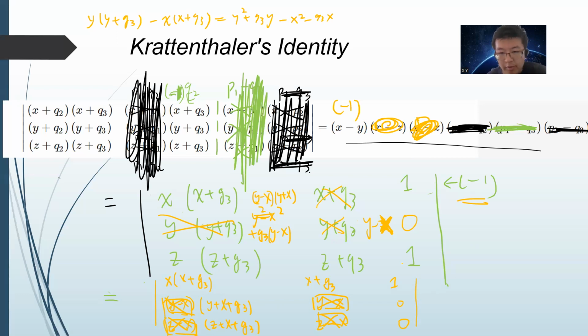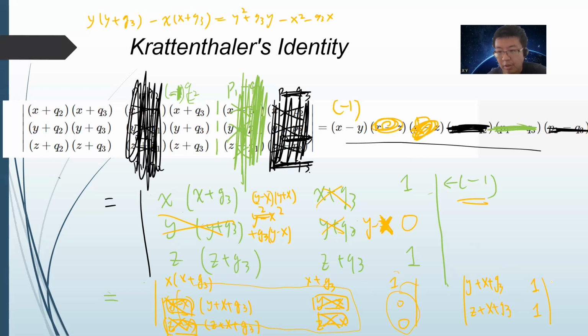Remaining is very easy. If I expand it through this, then I get this very small determinant, which is just y plus x plus q3 and 1 and 1 and z plus x plus q3.